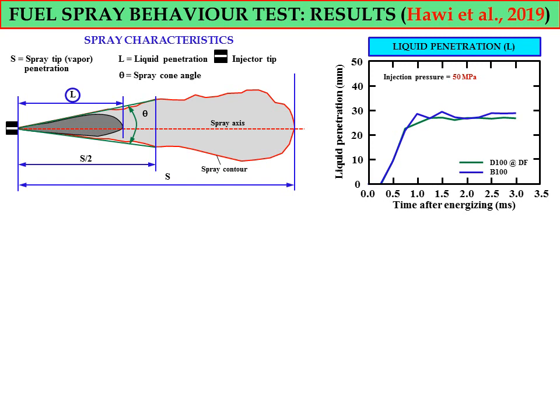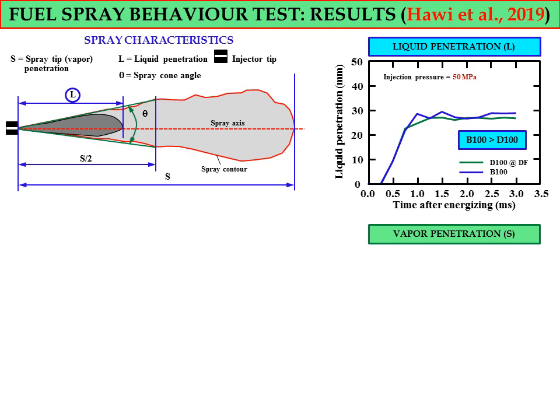However, after 0.8 millisecond, we can see that the liquid penetration for B100 is greater than the liquid penetration of diesel fuel. So we can conclude from the result that liquid penetration for B100 is greater than that of diesel fuel.